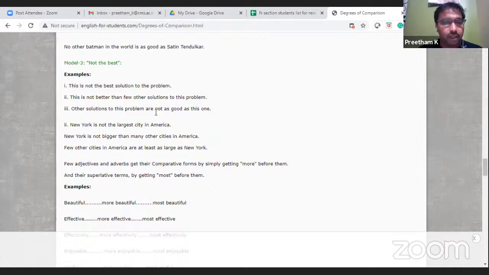This is not better than few other solutions to this problem. Other solutions to this problem are not as good as this one. See here, we are focusing on how to use the expression not the best. Not the best solution, not better, not as good as. So this one is positive, this is comparative, and this is superlative.